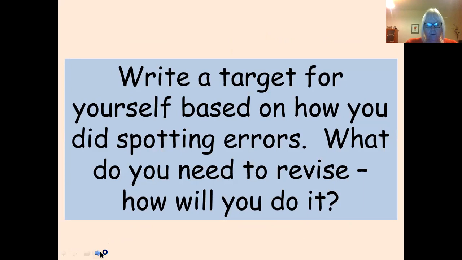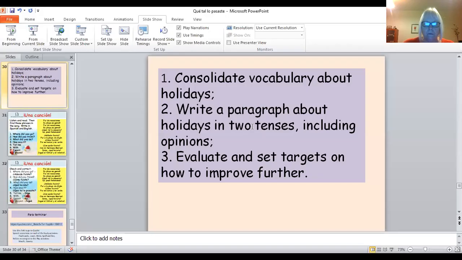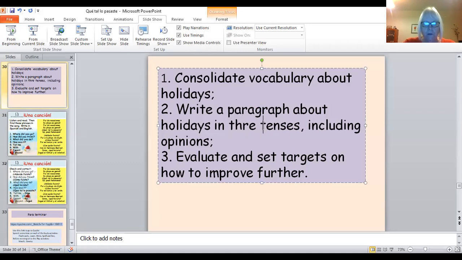When you've done that, move on. So here are our objectives for the week. And I'm actually going to change this because this should say 3 tenses, because we have been using present, preterite, and near future.